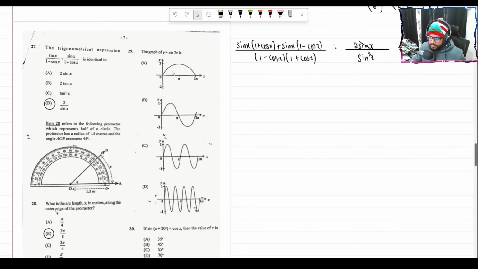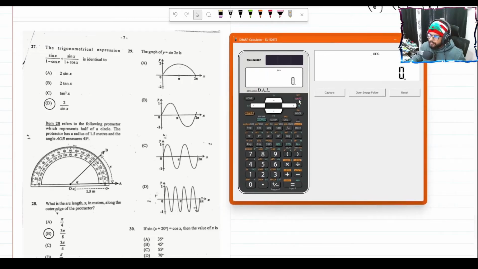From this graph, it's telling me that when x is pi, y is equal to 2. Which we know is not going to be true, but let me still entertain the fact. When x is pi, I'll get sine of 2 pi. Now we had to change the calculator into radians. Sine of 2 pi is actually 0.